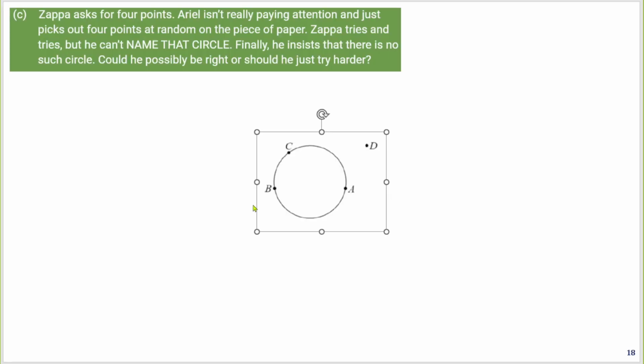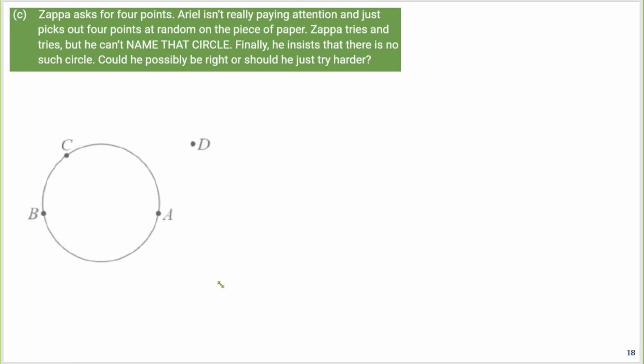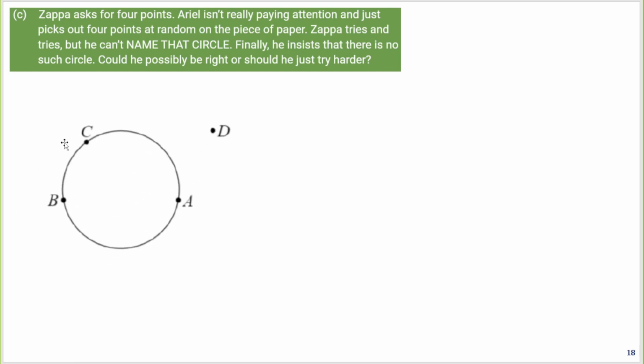So suppose we have 4 points here. We know that 3 non-collinear points can determine a circle, right? But it does not necessarily pass through the 4th point, right? Did you get it?